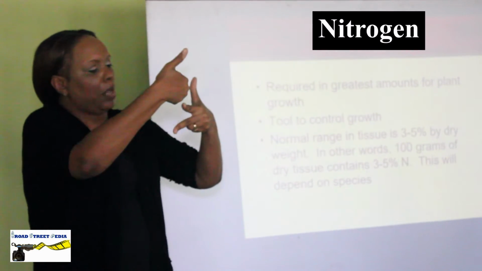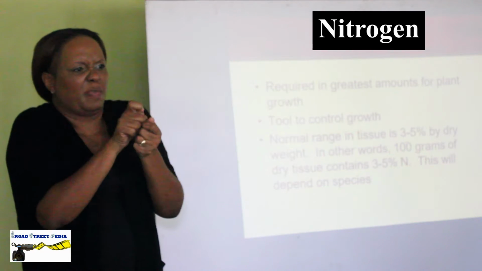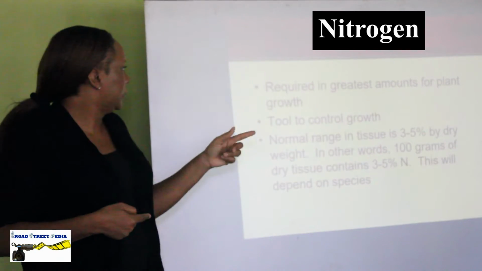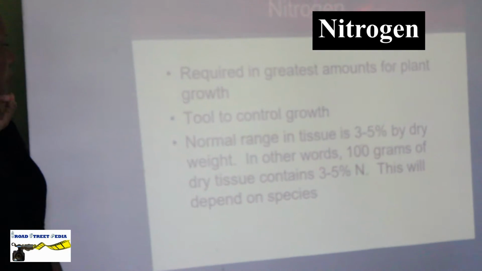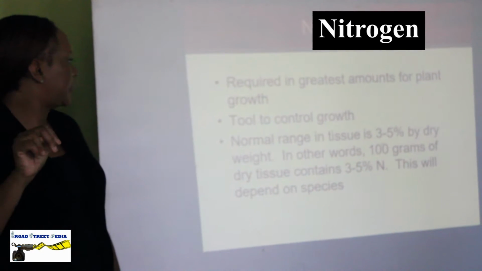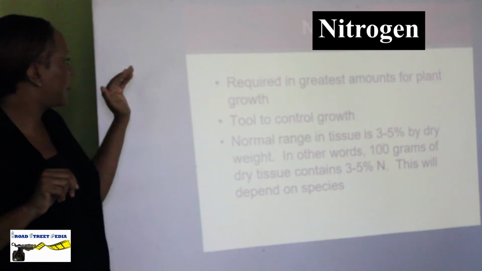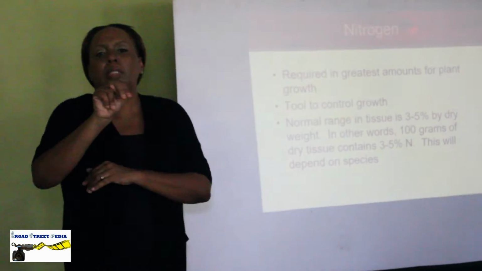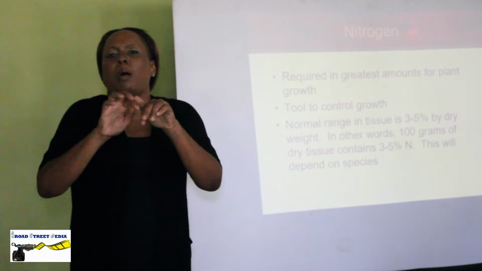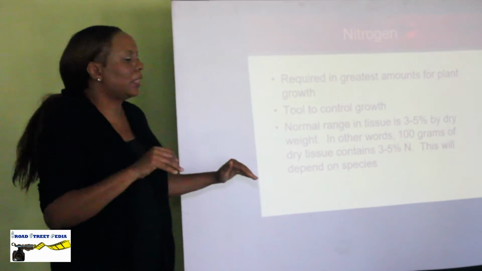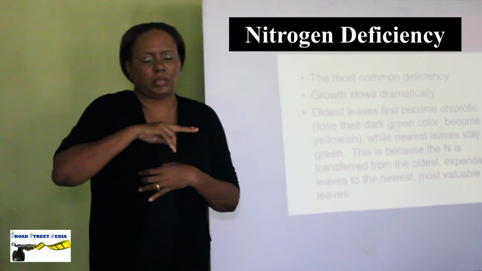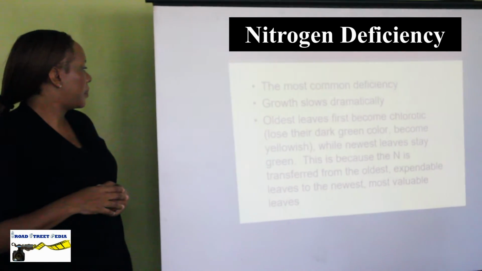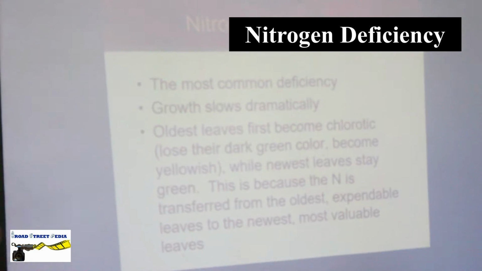Composition of nitrogen. Nitrogen is required in the greatest amount for plant growth, to control the growth. The basic thing about nitrogen is that it helps us to develop leaves.